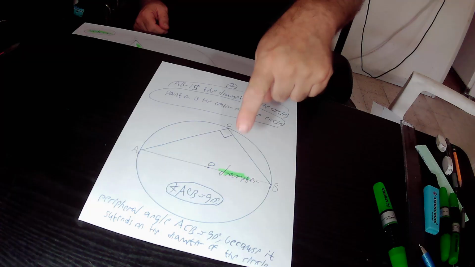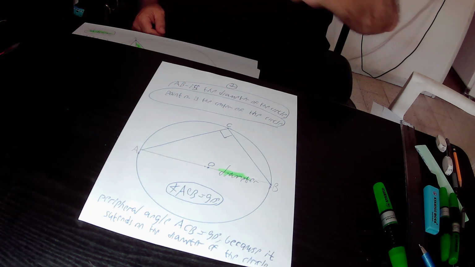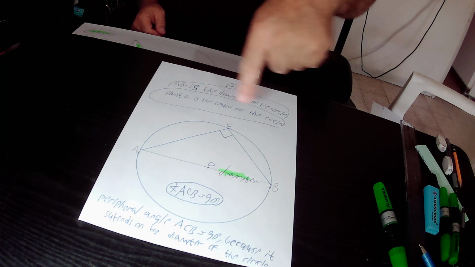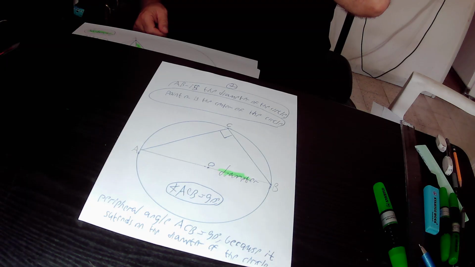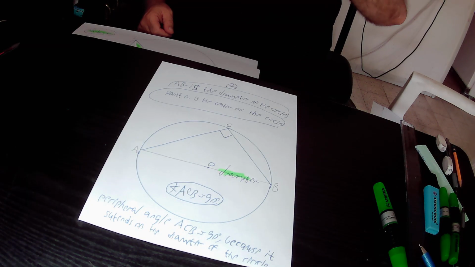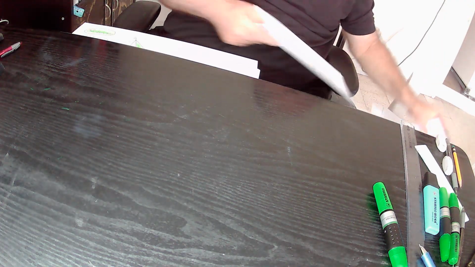Chord AB is the diameter of the circle. This is peripheral angle ACB that subtends chord AB, the diameter, and therefore according to rule 7, peripheral angle ACB is equal to 90 degrees. So any peripheral angle that subtends the diameter of the circle must be equal to 90 degrees. So we can implement rule 7 in our drawing.